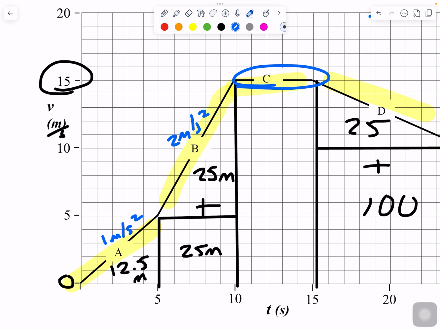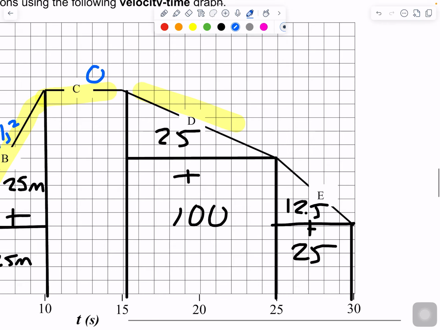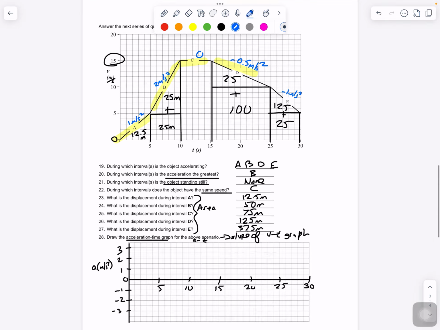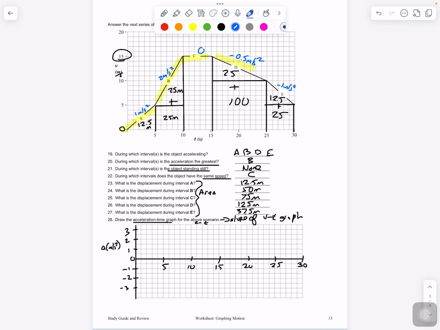Slope of 0, that means 0 acceleration. Now part D, I'm going down 5 over 10. That would be -1/2 or -0.5. And here I'm going down 5 over 5, so that would be a slope of -1 or -1 per second squared. All right, plot them.